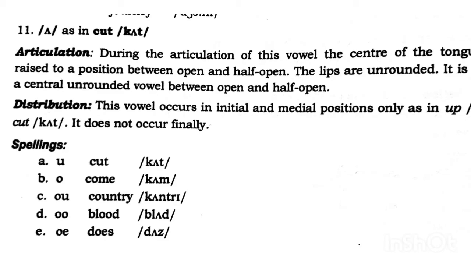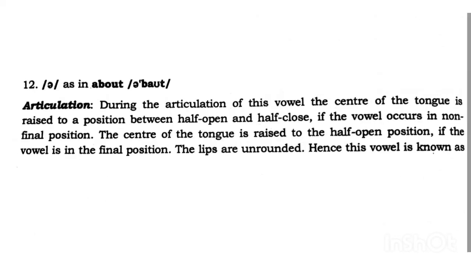O and U, these two letters give out the vowel sound A. In the word blood, the twin O's give out the vowel sound A. And the last word, does: these two letters O and E give out the vowel sound A.